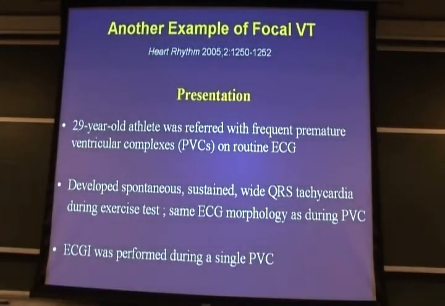Here's the case. This is a 29-year-old athlete, actually a soccer player from Europe, who came to us with very, very frequent premature ventricular contractions, known as PVCs, just on routine ECG. What happened to this person? Very interesting story.